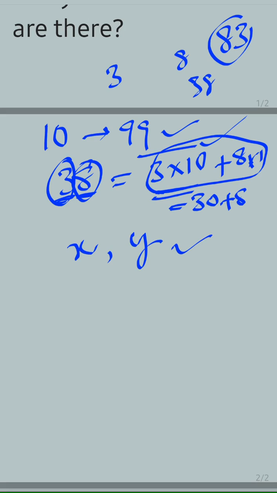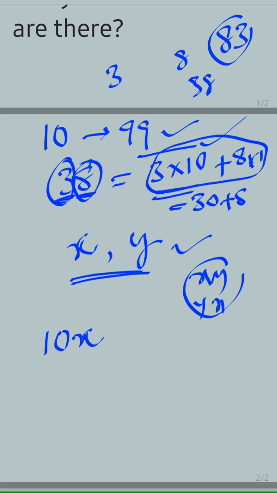These 2 digits we have to find, what is the x digit and what is the y digit. So simply I can't write xy or yx, right? Variables are given. So by using these 2 digits, how can we write the number? If x is in the 10's place, I'll write the number as 10x, 10 into x, plus y in the 1's place, y. So this is the number.